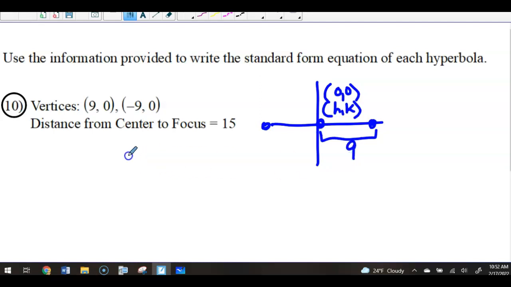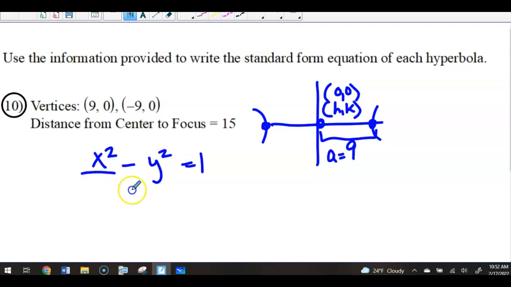So I already know opening sideways means x minus 0 squared minus y minus 0 squared equals 1. And I even know a is 9, so a squared is 81. So all I have left to do, again, is find b. But the trick is, they're going to tell us something about b.